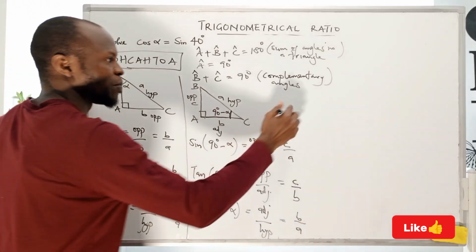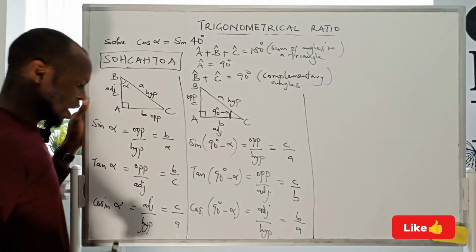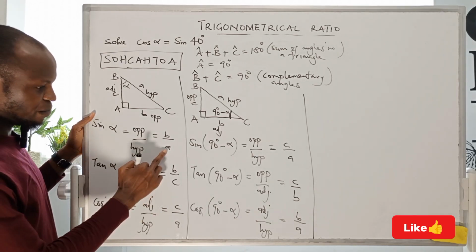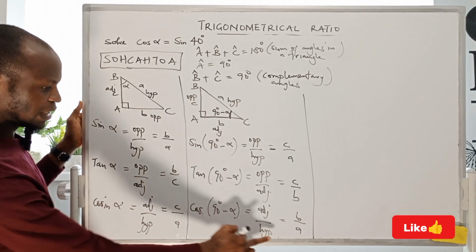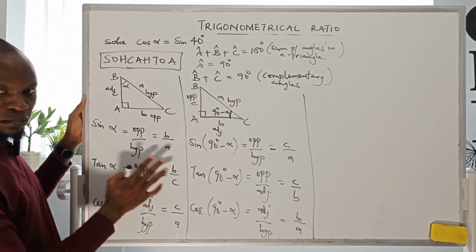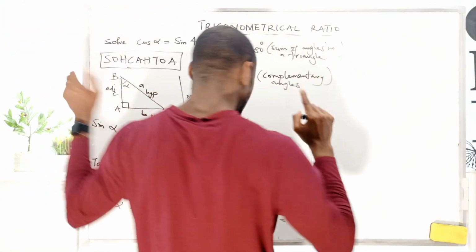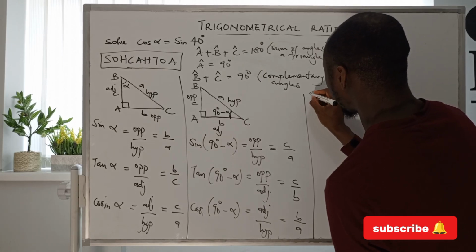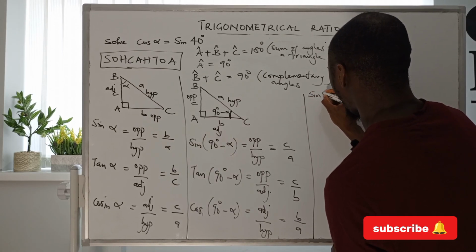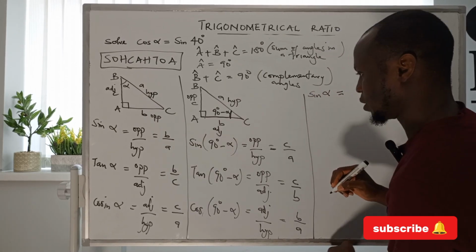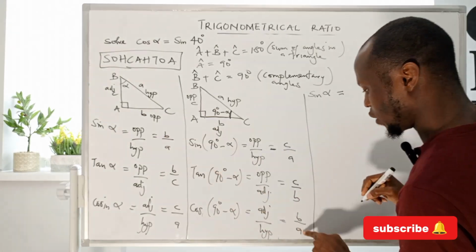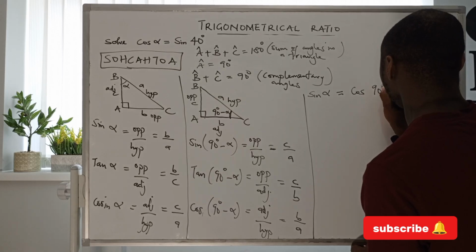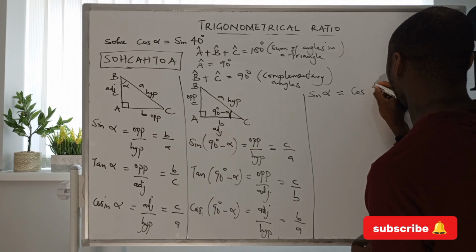If you have gotten to this point, you will observe that we have some that are equal. We have b over a. Do we have anyone that has b over a? This. That shows, from this diagram, please take note, that in any diagram, my sine alpha, which is b over a, is equal to my cos of 90 degrees minus alpha.